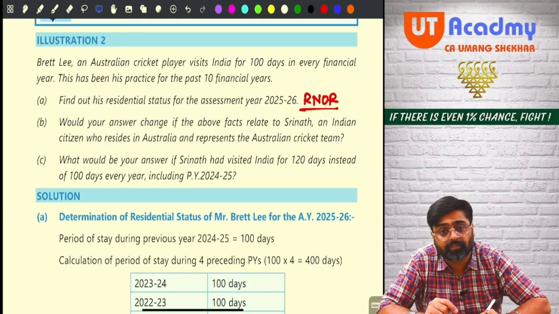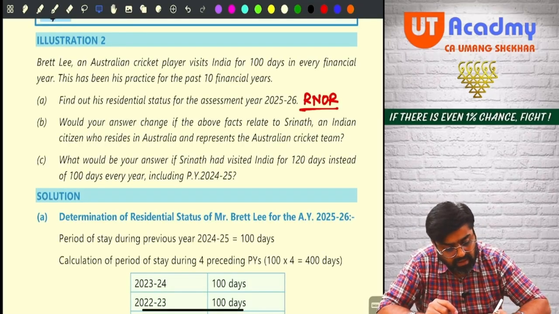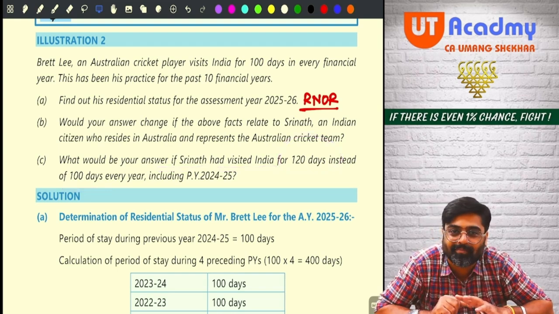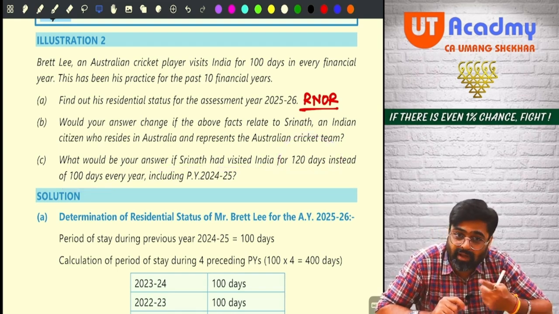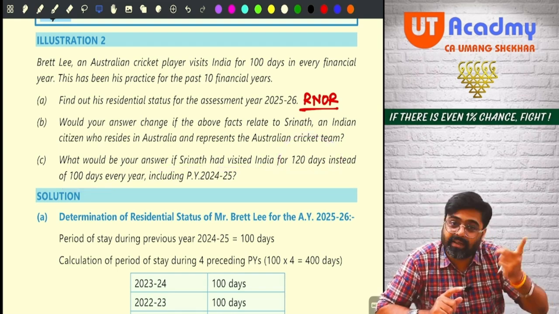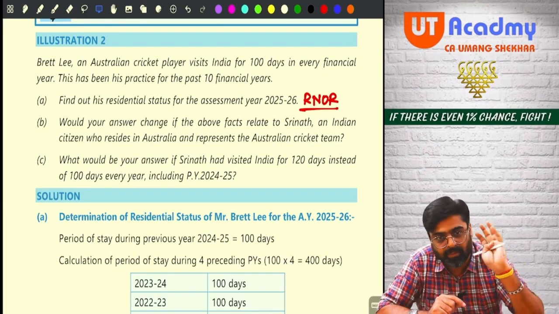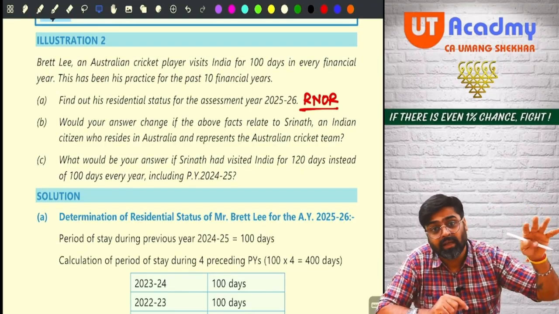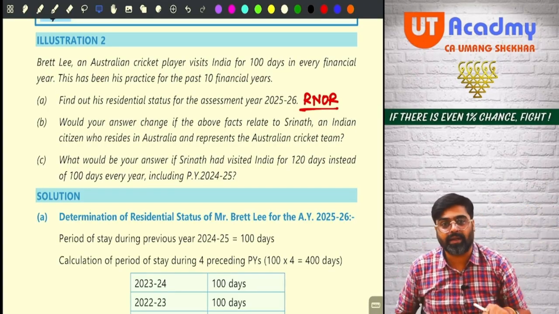They are asking what your answer would be if Srinath had visited India for 120 days instead of 100 days every year. Still they are not talking about the total income. See, Srinath is an Indian citizen, yes, coming to India for the purpose of visit, yes. But now they are saying that instead of 100 days, he is coming to India every year for 120 days.